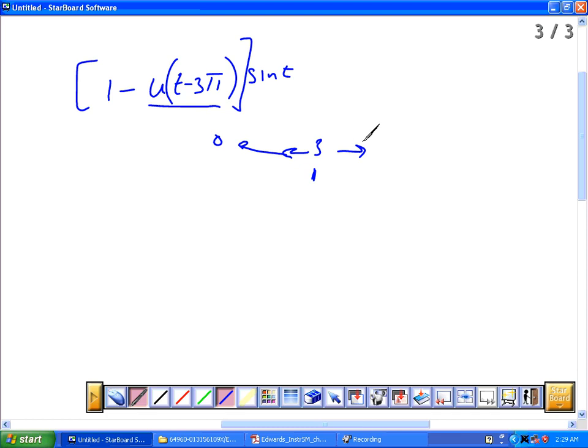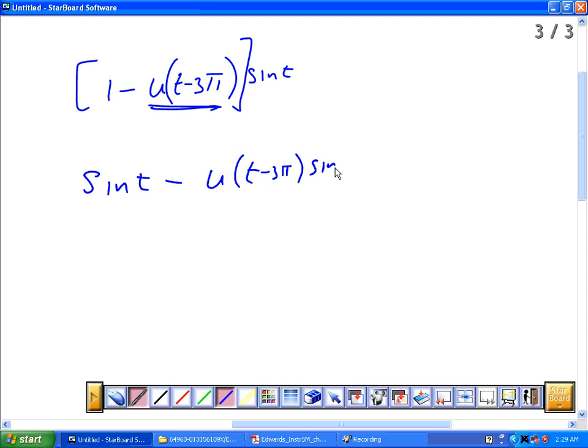So if I'm going to go less than a certain value, I'm going to go 1 minus this transformation. If I was doing it the other way around, then I would go just u of t minus 3 like that. Now, what does that mean? Well, if you distribute this out, you get sine t minus u of t minus 3 pi times sine t. Okay? Let's do this one first.